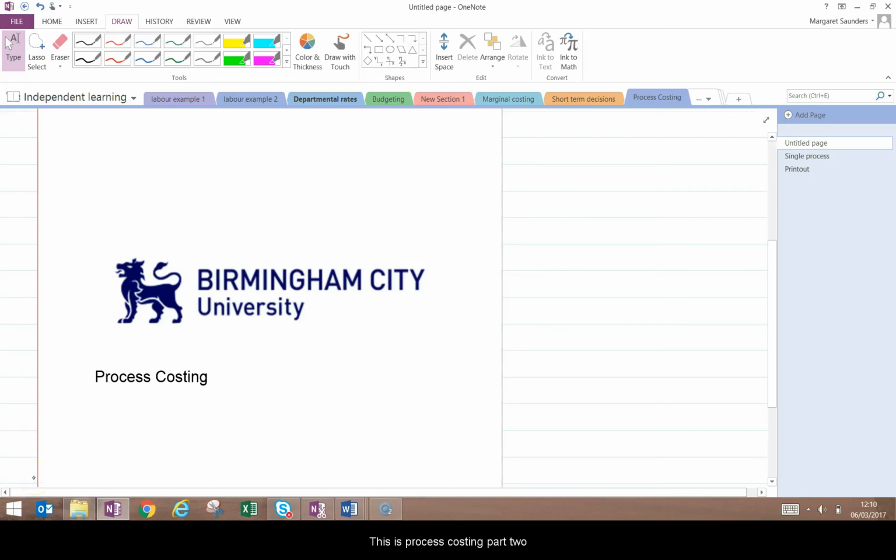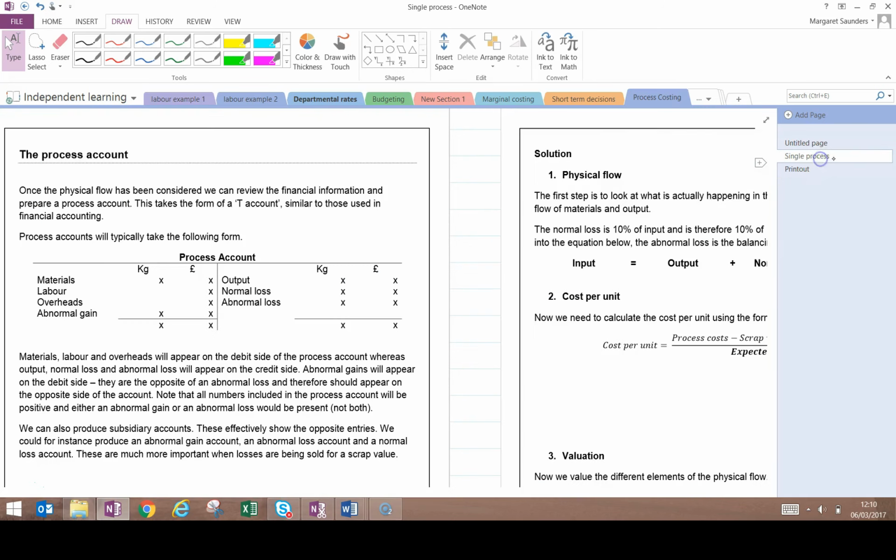This is Process Costing Part 2, where we will look at how to record the costs incurred in process costing within T accounts and to calculate the cost per unit. So here we have an example of a T account.